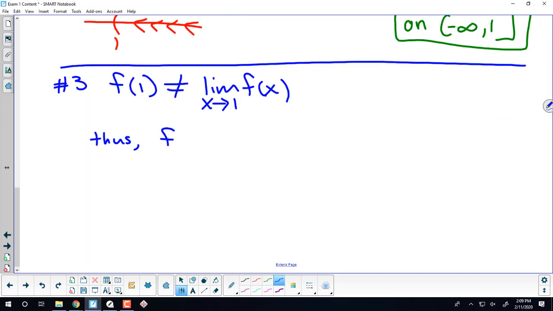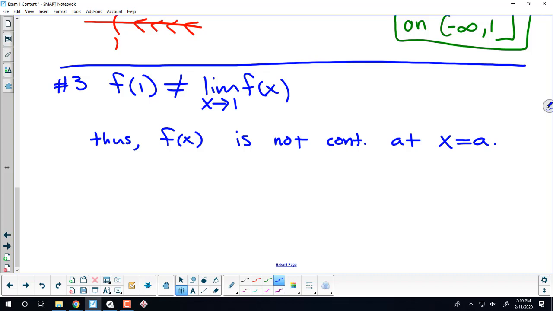Thus, f of x is not continuous at x equal to a. So that's really part 1. We've shown that the function is not continuous at x equals a.